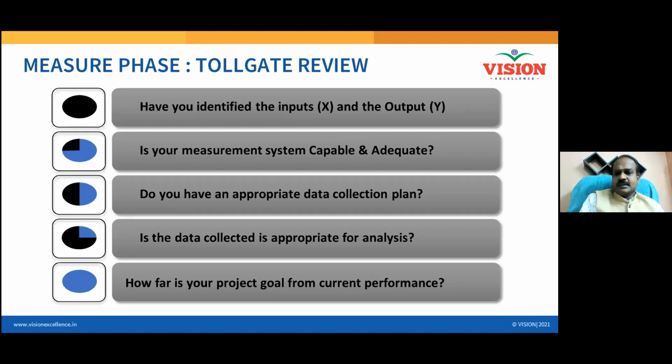A measurement system is considered capable if it collects data without error, or if at all there is any error, it should be under control, less than 10%. And the measurement system is considered adequate if it gives you a sufficient number of readings within the preferred range.